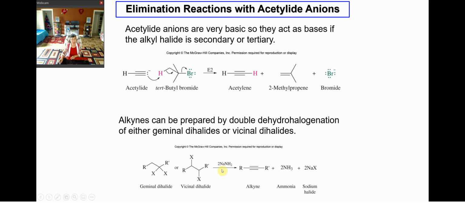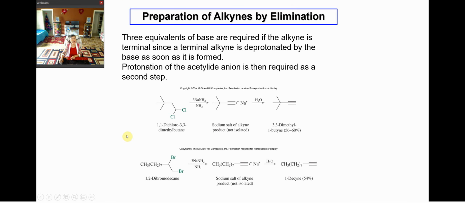In this case, under sodium amide in liquid ammonia, you are going to produce an alkene and then further the alkyne. This is called the double dehydrohalogenation. You remove halides.